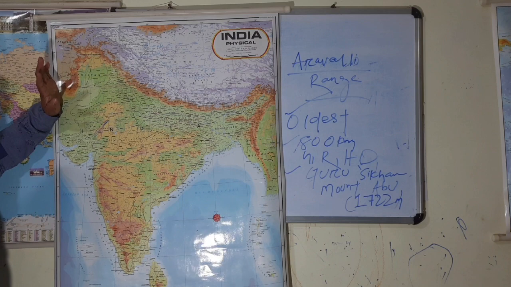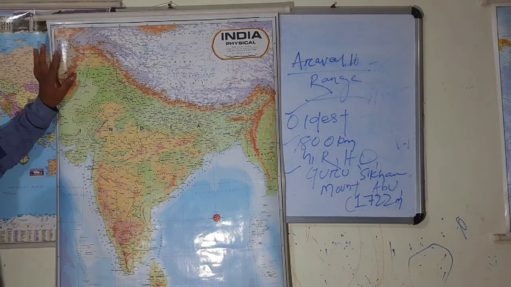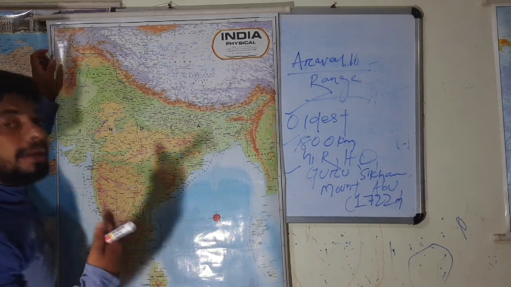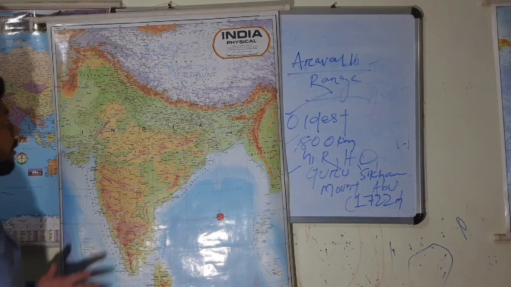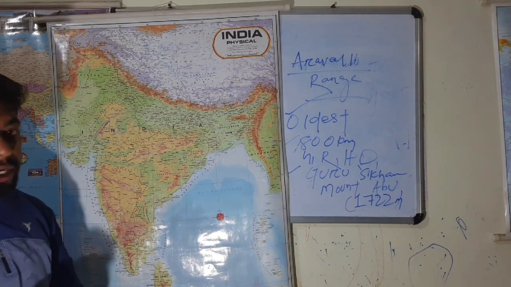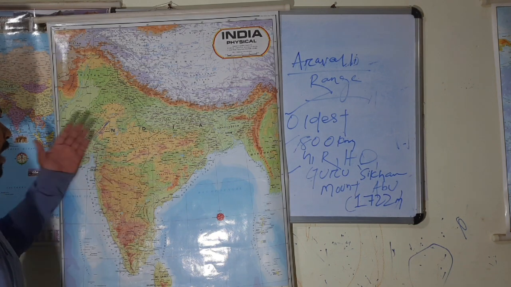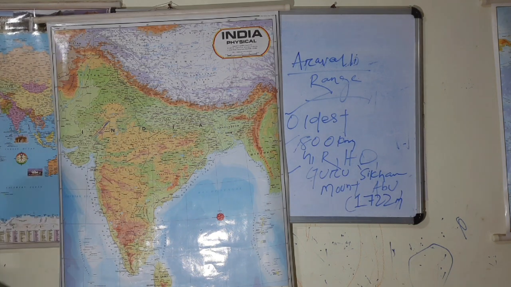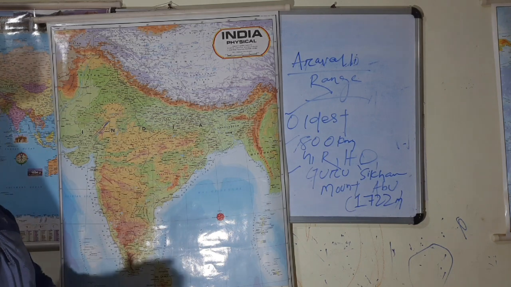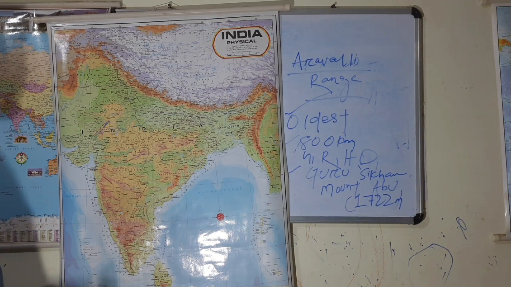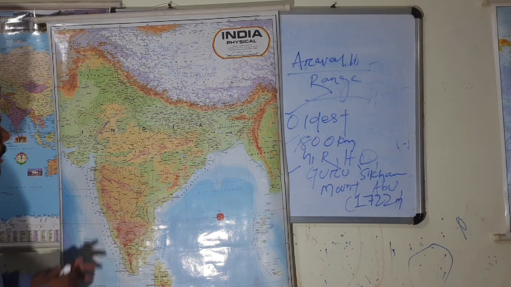Okay, and Udaipur is one of the major cities within Rajasthan which experiences a pleasant climate. Okay, and the highest peak of the Aravalli range is Guru Shikhar in Mount Abu, and its altitude is around 1722 meters. Fine.